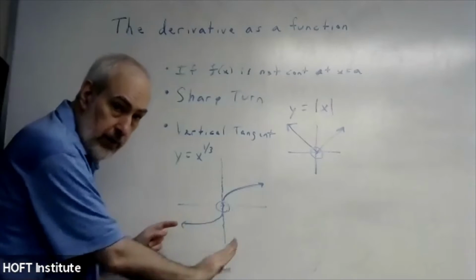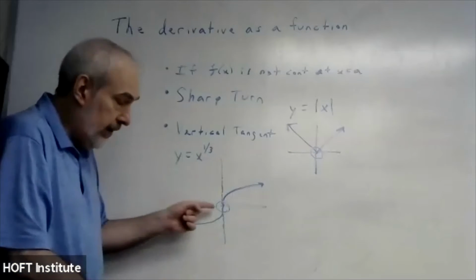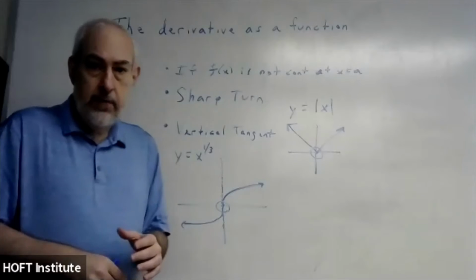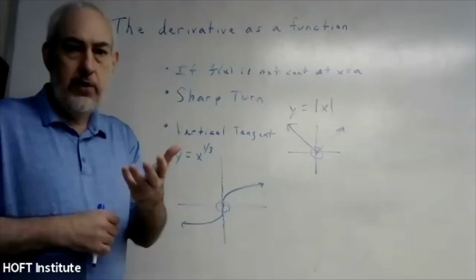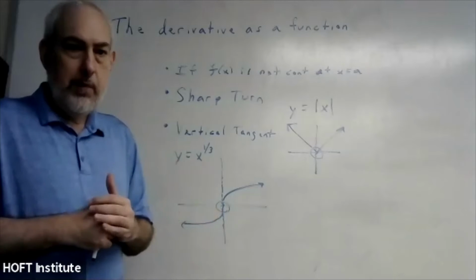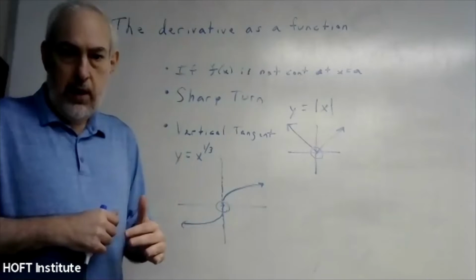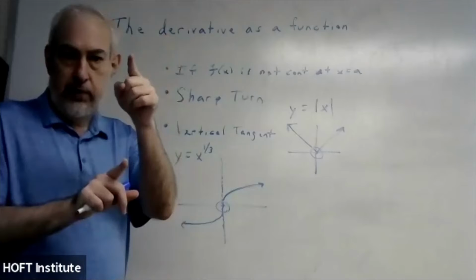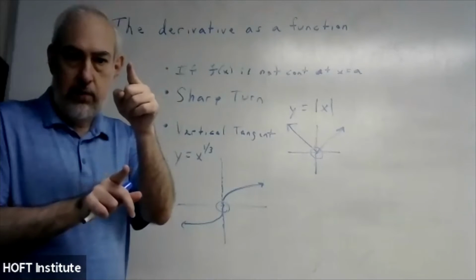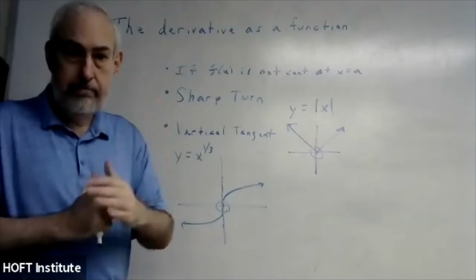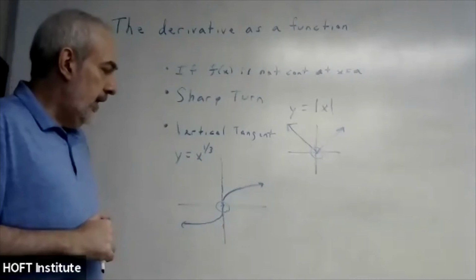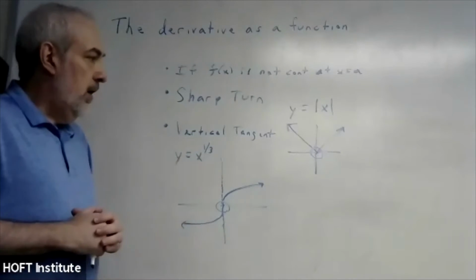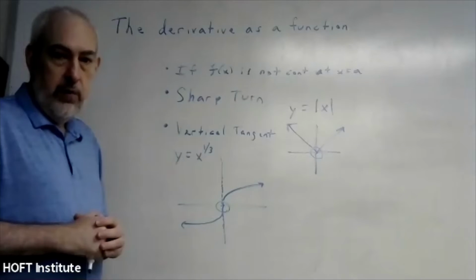It's temporarily going straight up for just a second at x equals 0. And just from geometry or the definition of the slope, slope is supposed to be rise over run. And if you have a vertical line, 2 points on a vertical line, the run would be 0. There's no change in x coordinates. Okay, so those are the three ways on a graph that the derivative is going to fail to exist.